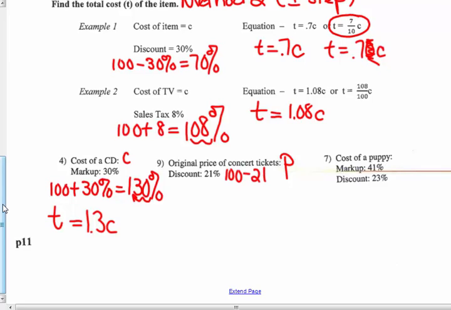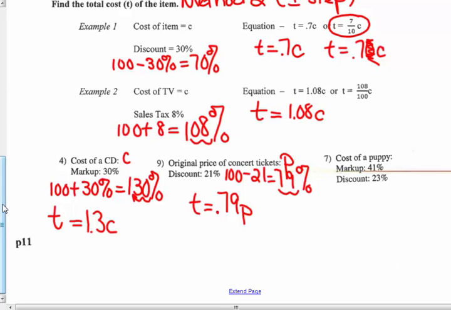So changing that percent to a decimal, the ticket will cost 79 hundredths P. The total price of the ticket to me is going to be 79 hundredths. If it's on sale for 21% off, I'm going to pay 79%. Use that percent, multiply it by the price of the ticket, that will give you your total.